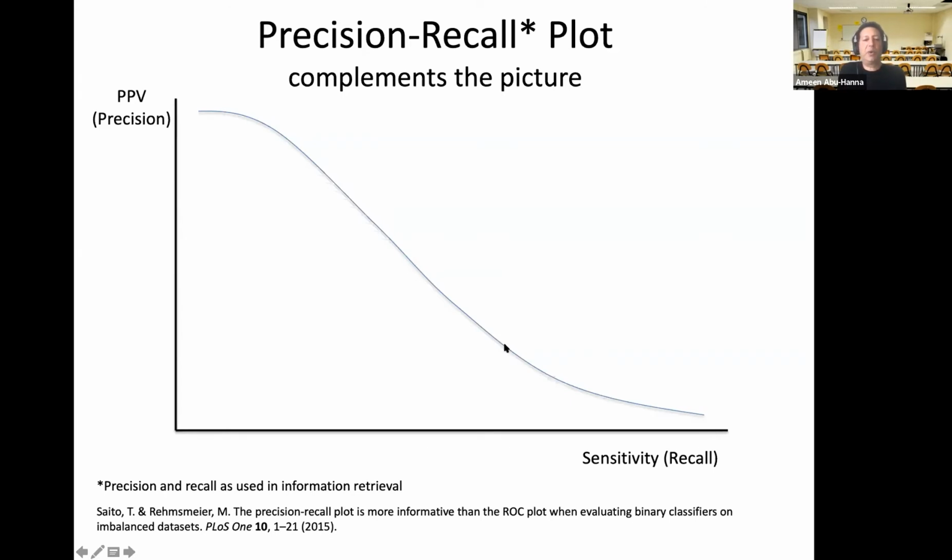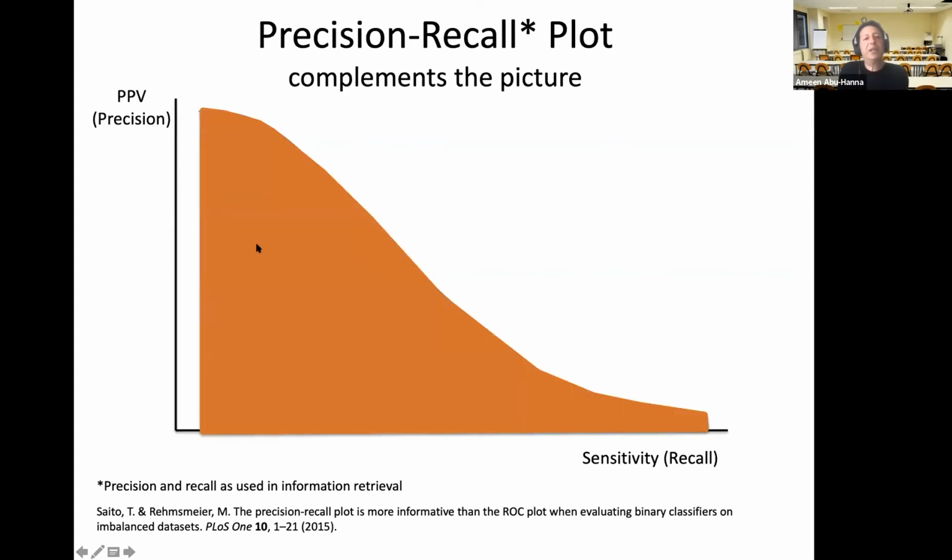You do it here with all thresholds, but now you make a relationship between sensitivity and PPV. And if you take the area under this, it's a measure of the balance between these two things. How much does your model balance the sensitivity with the positive predictive value? This is a measure that you should know. It's very useful to know.